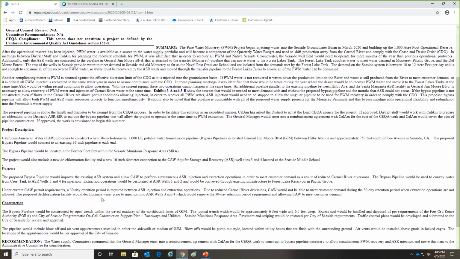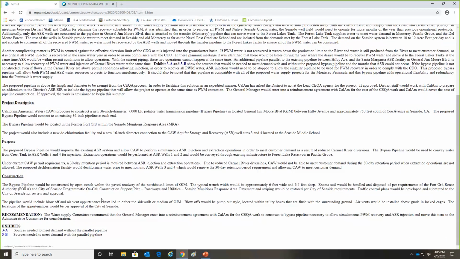Dave, maybe you can help clarify. I'm under the understanding that this is a committee recommendation to proceed and to authorize the general manager to have the district provide the CEQA report for this project. Correct. My understanding is that this is only authorizing the CEQA reimbursement agreement. Yes.